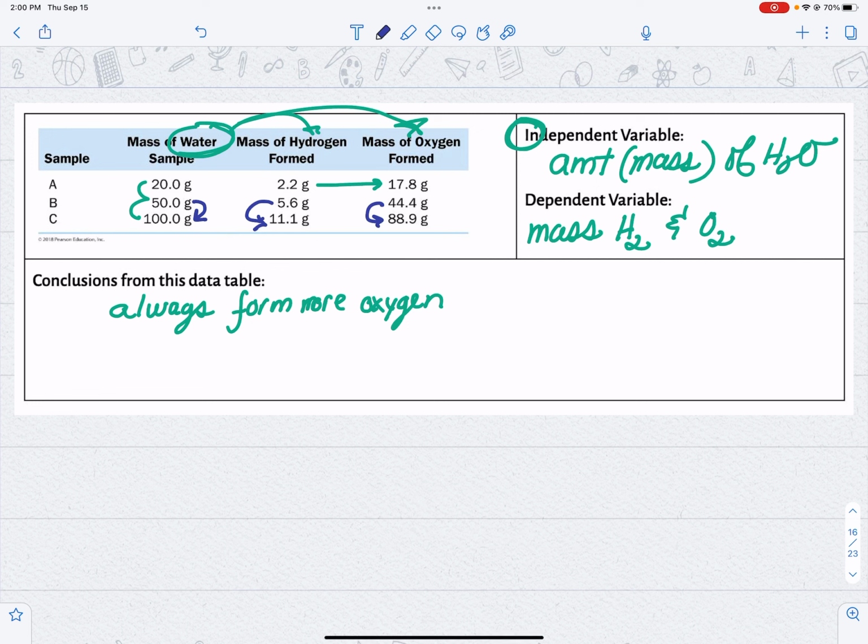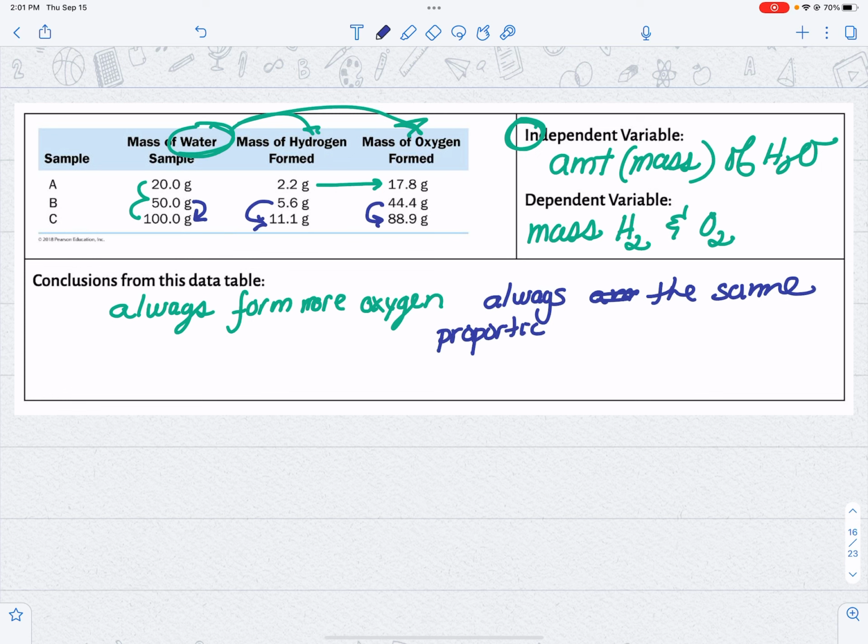So one way of generalizing a conclusion that I can make from this data table is that there's always the same proportion of hydrogen and oxygen made, right? If I look, this is about 8 times as much. This is about 8 times as much.